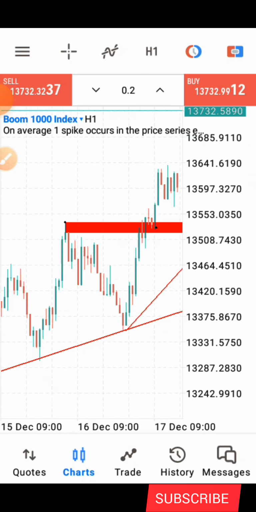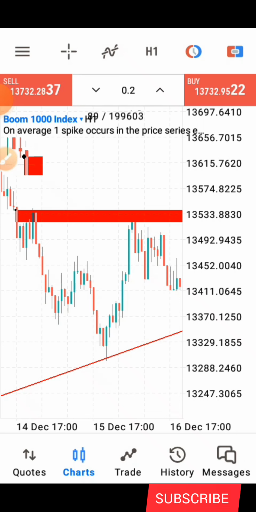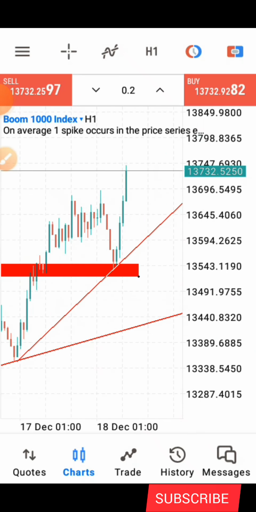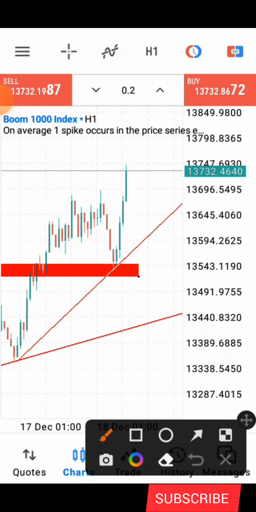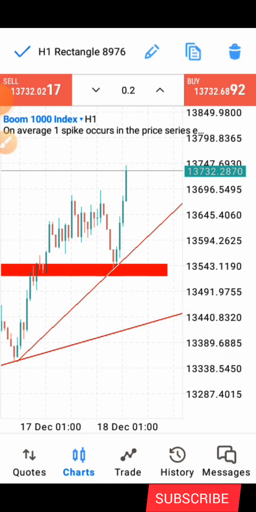You can see how the trend line and the support and resistance zone match up very well, right? So this is to show you that this area here is a strong support and resistance zone that is going to bounce price whenever price gets to it, right?